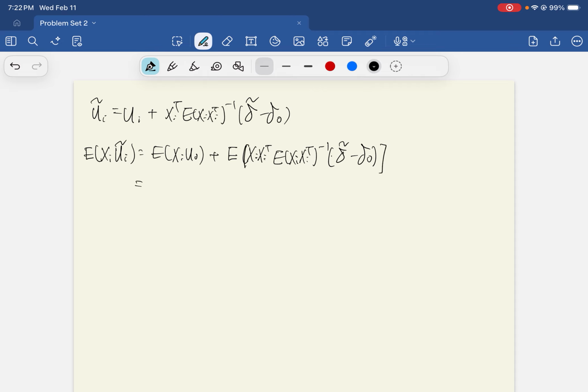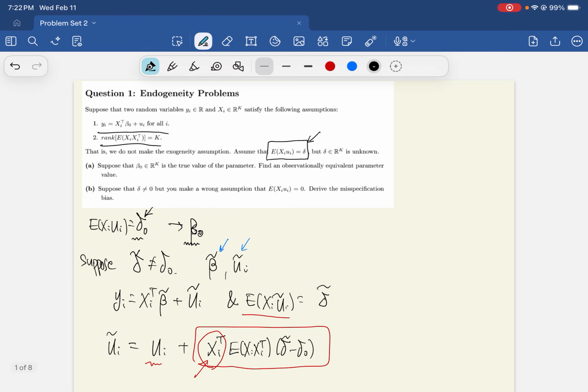The first term is delta 0, and in the second term this expectation and this expectation cancel out, that's the inverse, so you get this. So that means you are going to get delta tilde, as we wanted. And another reason why I include x transpose here is because this much will be cancelled out from beta tilde.